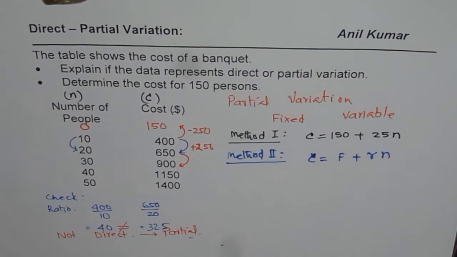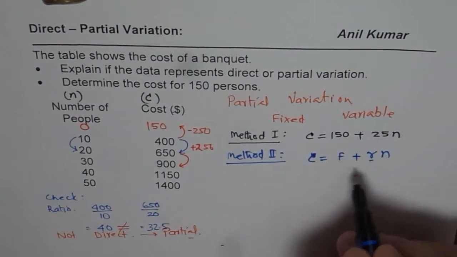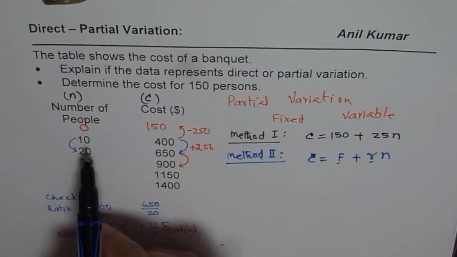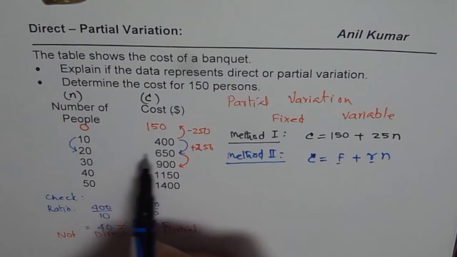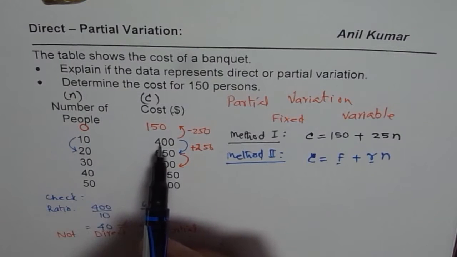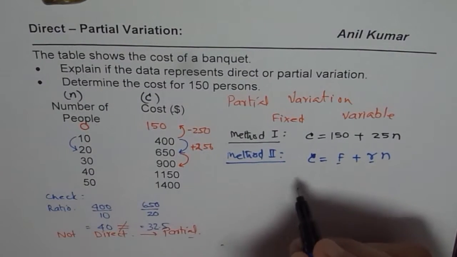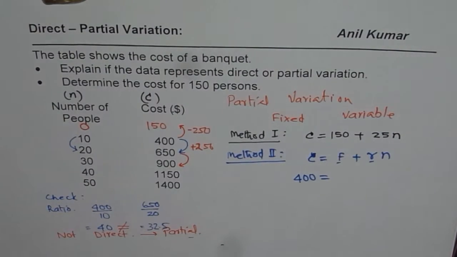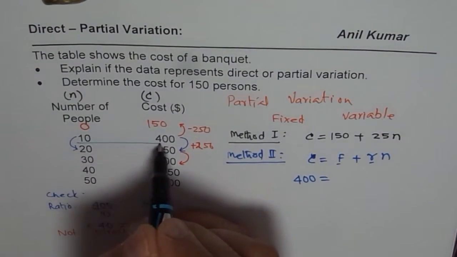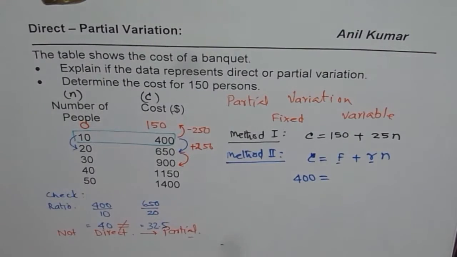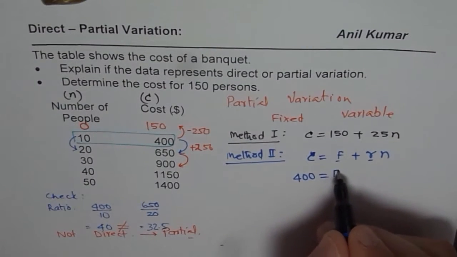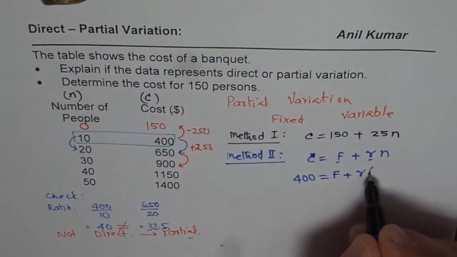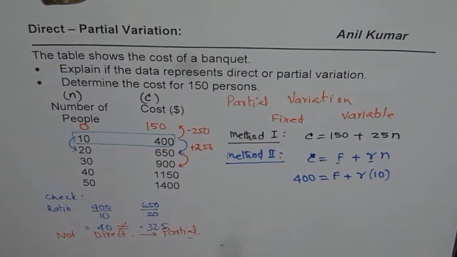That is our general equation. We don't know the rate and we don't know the fixed cost, but we know cost and number of people from the data. We can use 10 and 400. So 400 is the cost, F plus R times 10. That gives us one equation.